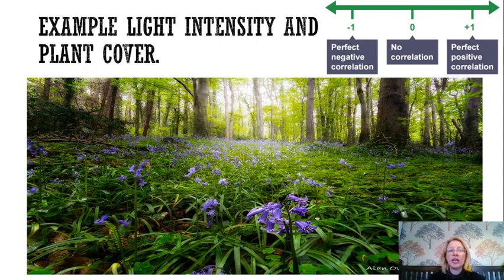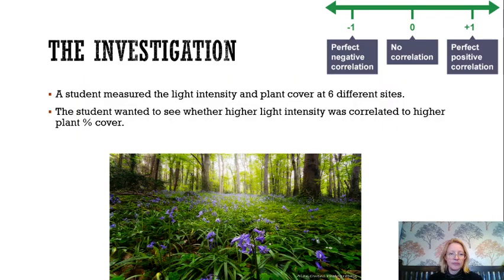The example that we're going to be looking at is the effect of light intensity on plant cover in an area. Students measured light intensity. You can get a special little light meter to measure light intensity. They looked at plant cover at 6 different sites, and they wanted to see whether higher light intensity meant a higher plant cover.